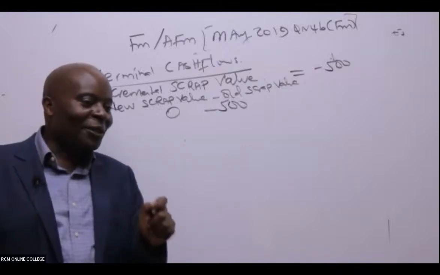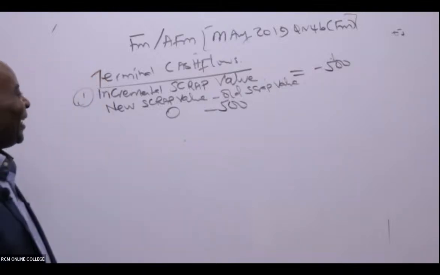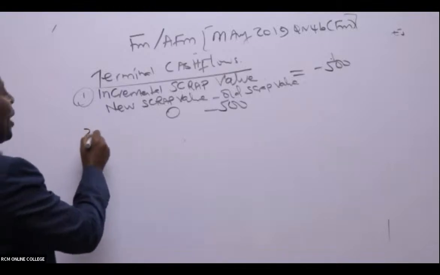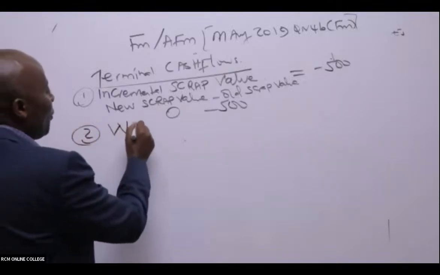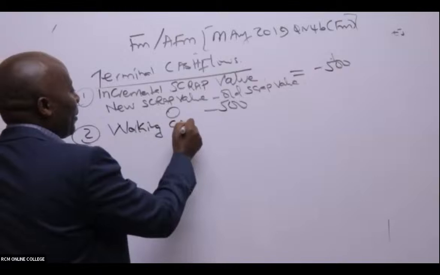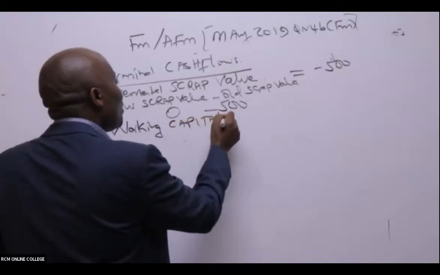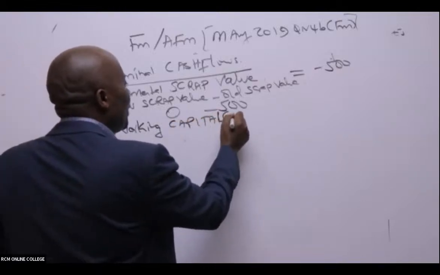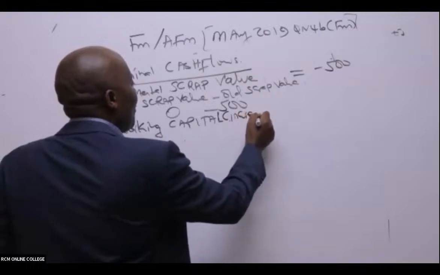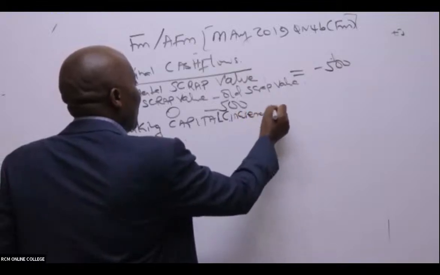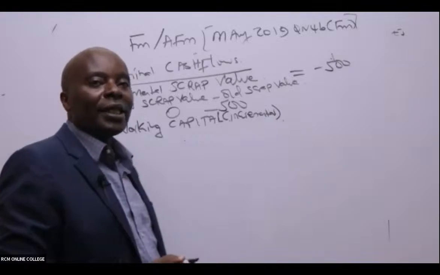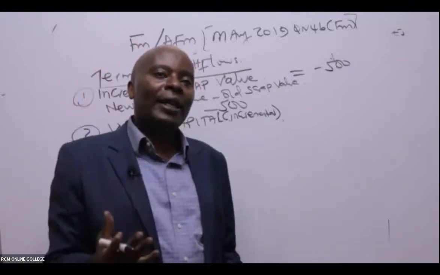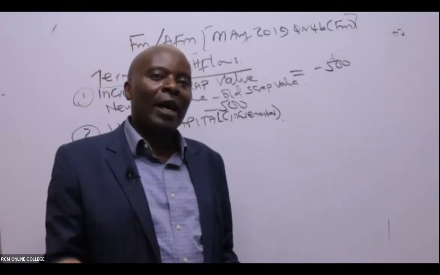Great, Mutamba. So number two, we have what we call working capital. Incremental must be incremental. In some cases, they will tell you that working capital is 500.